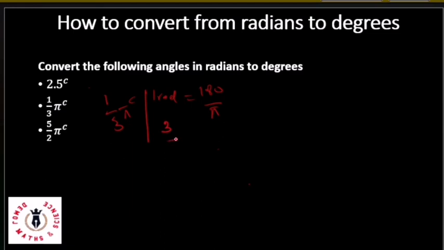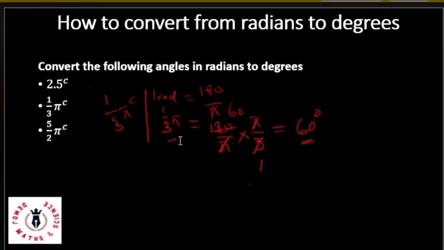So that 1/3 pi radians will be equal to 180 over pi times pi over 3. Pi goes for pi here, and 3 in 180 is 60. So that 1/3 pi radians is the same thing as 60 degrees.